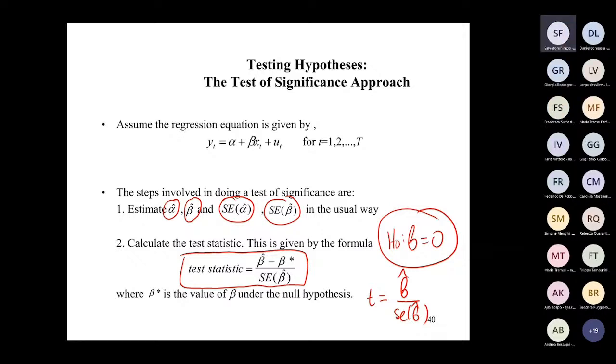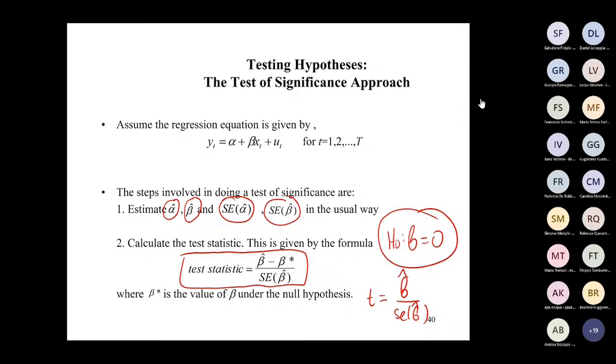Because it means that the variable, the independent one, is not significant for the dependent variable. Very good point. Who was talking? Salvatore. Salvatore, very good, thank you very much.